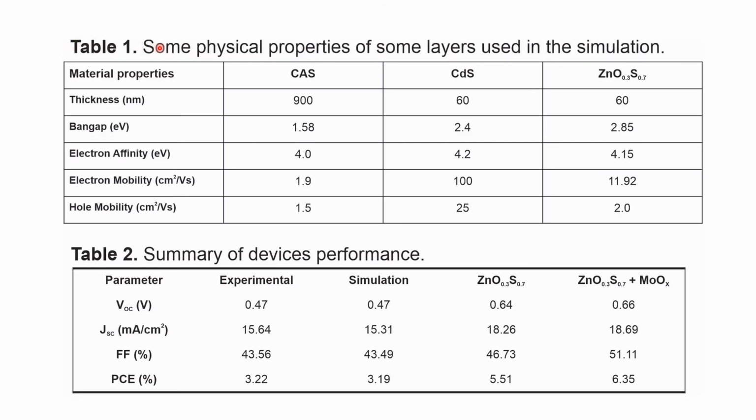Here in table 1, we can see some physical properties of some layers used in the simulation, and in table 2, we have photovoltaic parameters for the experimental simulation, best buffer layer and best buffer layer plus molybdenum oxide as back contact. Here we can see that the highest power conversion efficiency for this new proposed structure is 6.35%.